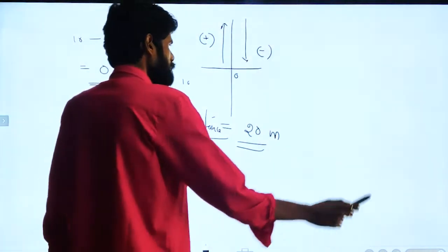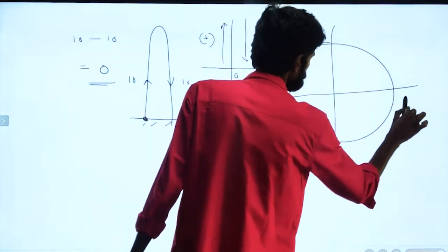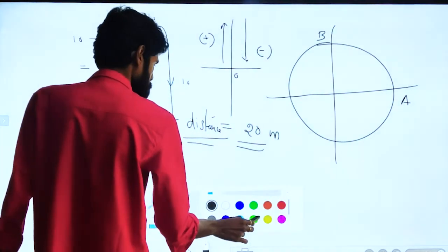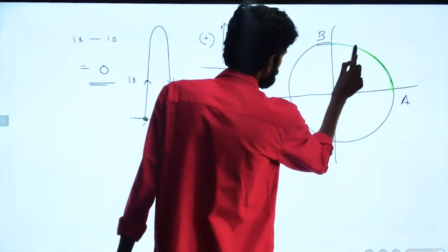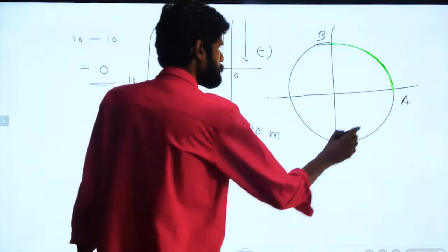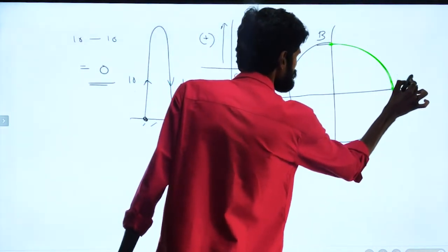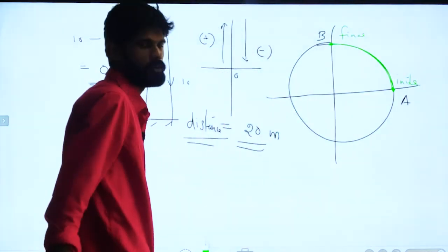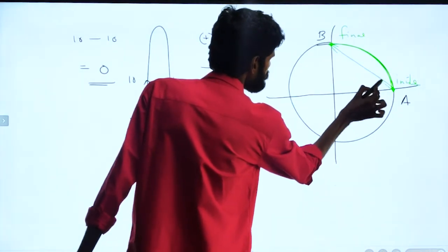One more example, in the case of a circle. An object moves from A to B. How to find the distance and the displacement? The arc length is the distance. To find the displacement, we need an initial position and a final position. Draw a straight line from initial to final and measure the length of this line.